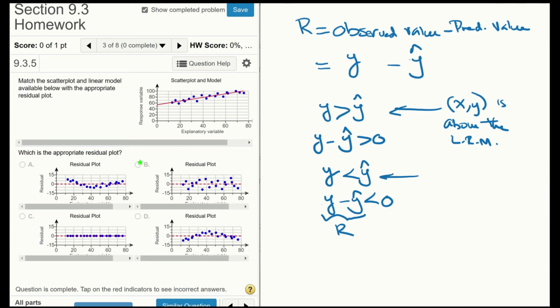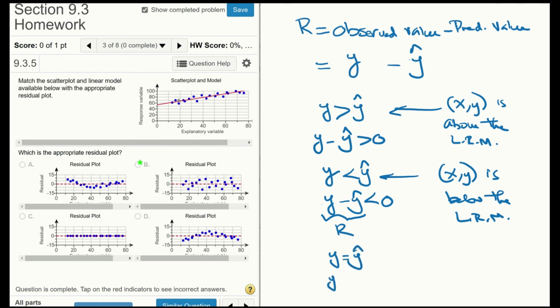And this is the scenario when the ordered pair xy, or a given data point, is below the linear regression model. And of course, remember, if the data point falls right on the linear regression model, we get y equals y hat.